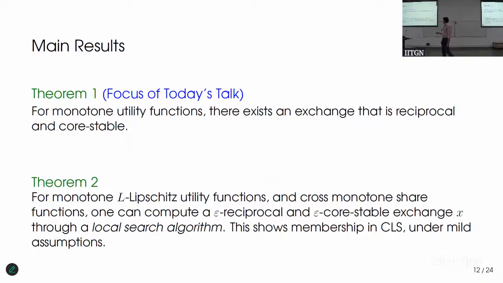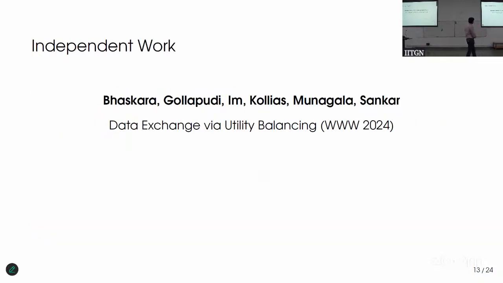For today, I will just focus on the existence very quickly with whatever time I have left. The existence will already give you the direction for the algorithm; it just needs a lot of other details worked out. There is also an independent work, exchange via utility balancing, by Bhaskara, Golapudi, Polias, and Govind, who's here.